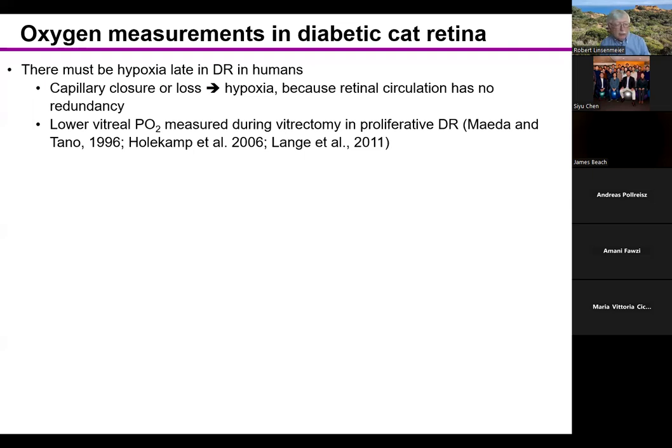If you lose a capillary, nothing is going to replace its function. And choroidal oxygen doesn't make it to the inner retina.